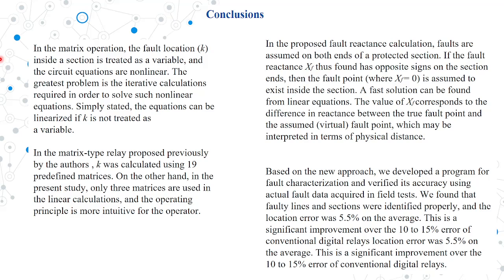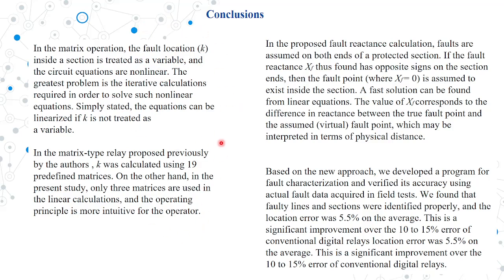So in the matrix type relay proposed previously by the author, K is calculated by using a predefined matrix. On the other hand, in the present study, only 3 matrices are used in the linear calculation. So in a matrix operation, taking the fault location K as a variable makes the system non-linear, and it increases the computation time.